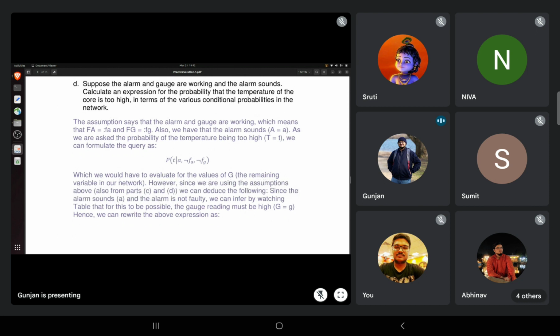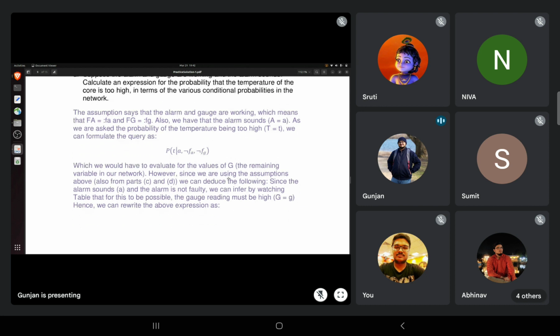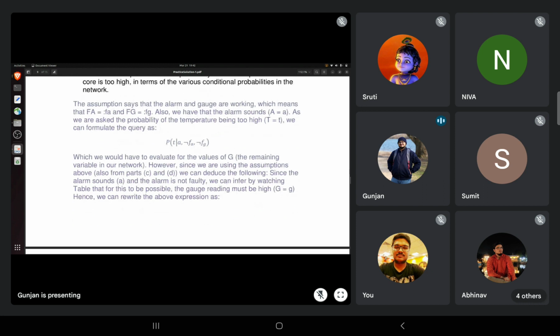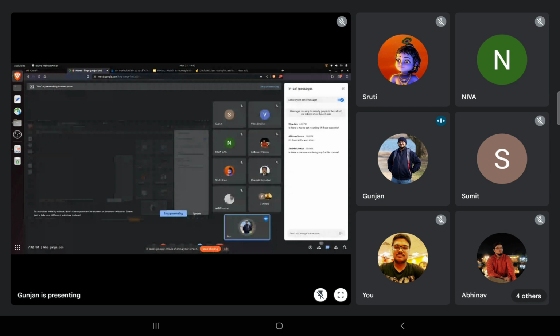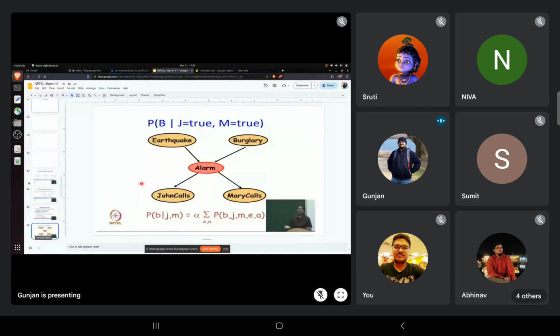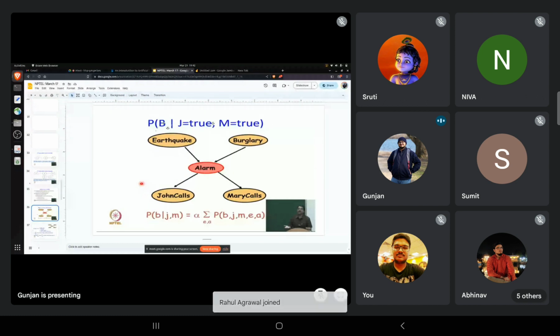So this value we would have to evaluate for the values of G. We have a variable for A, we have a variable for not FA, and we have a variable for not FG, right? But we don't know G, that is a hidden variable, right? So this is similar to what we did in the John call Mary call example. If you remember, you were asked to tell whether the burglary happened, given that John called and Mary called is true.